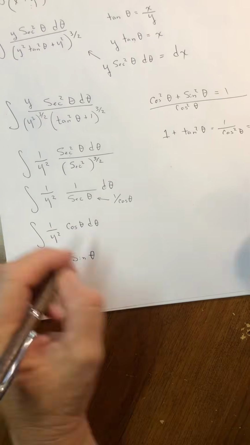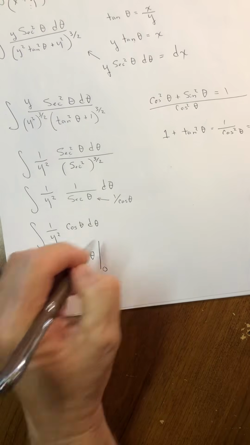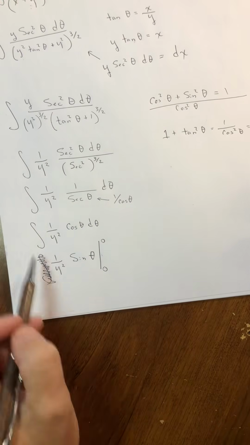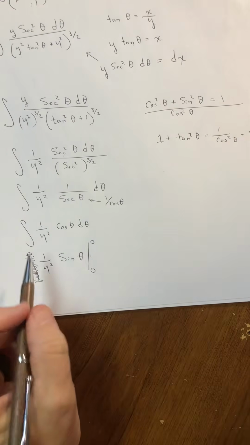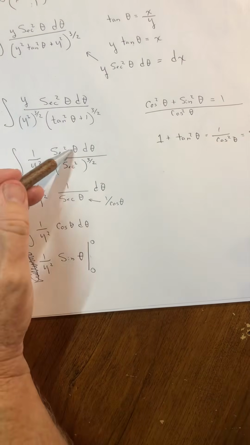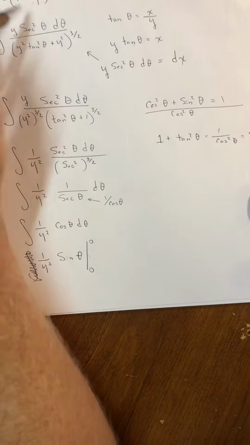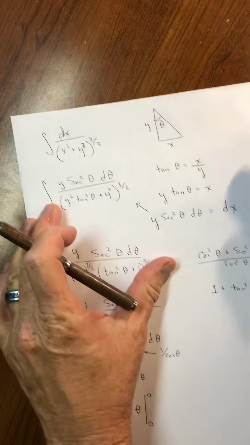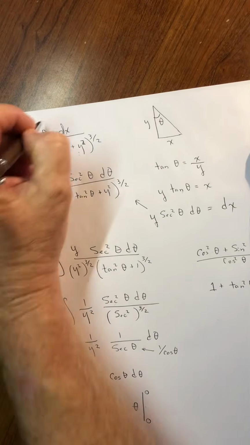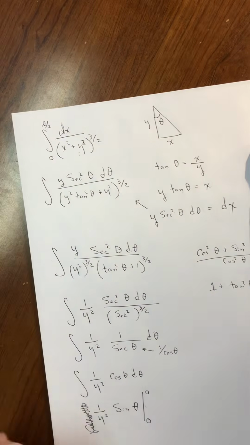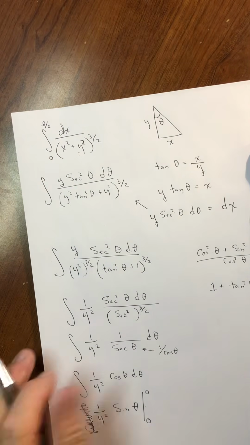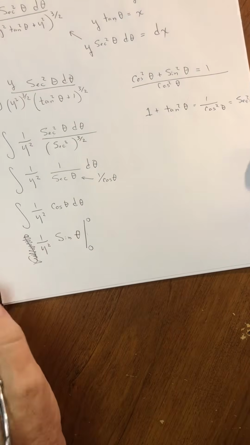Now I'll also say I kind of dropped the limits, so I'll just put a little from here to here, because I don't think there's any point in writing the limits of theta, because I really wanted the limits back for x. So remember, this was 0 to L over 2. So I'll come back to that in just a minute here.